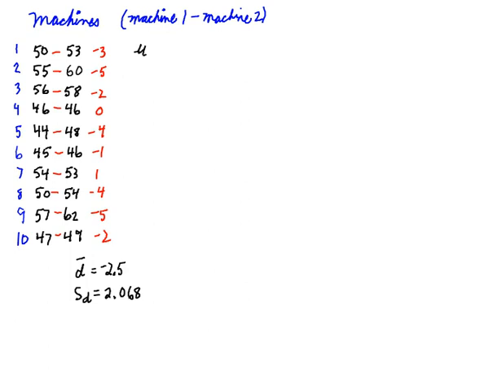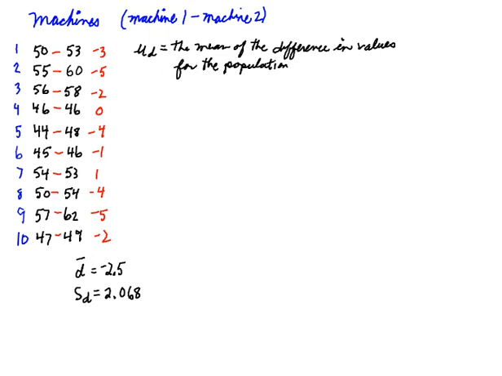I'm going to define mu sub d as the mean of the difference in values for the population of operators.